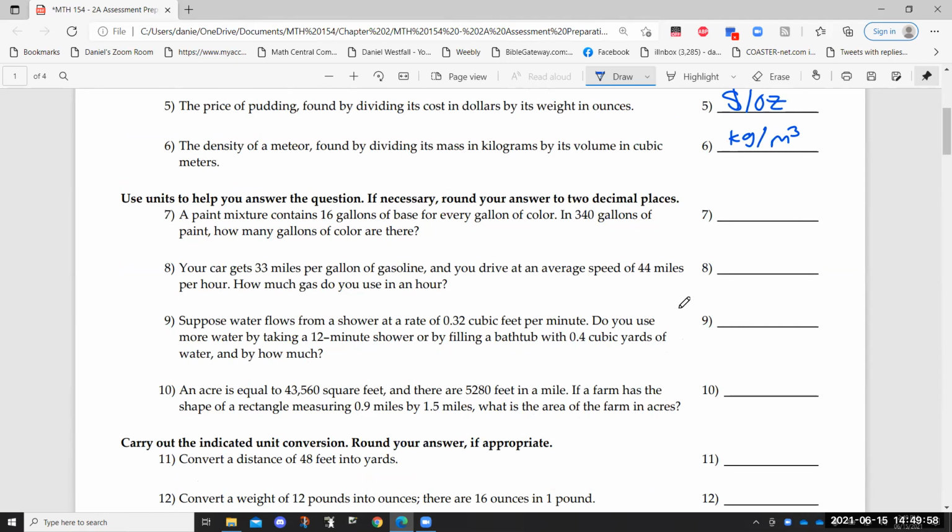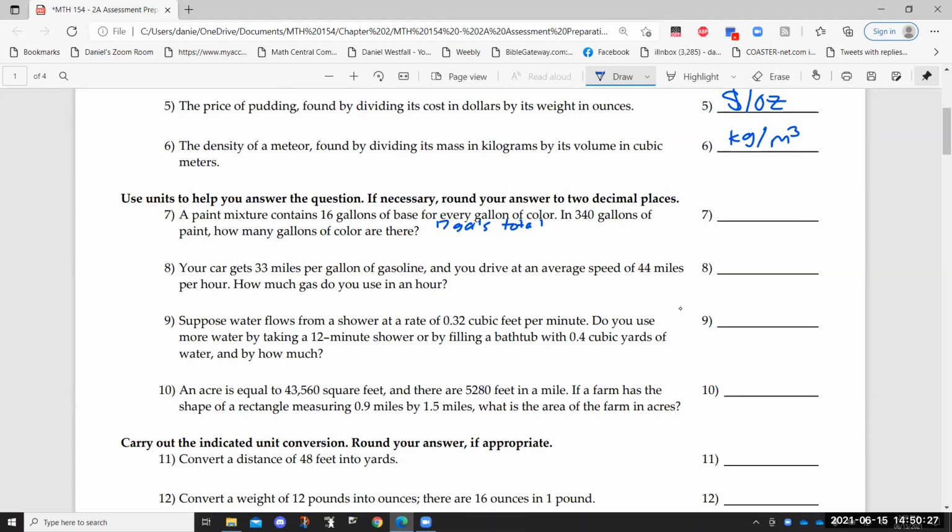Paint mixture contains 16 gallons of base paint for every gallon of color. So that means that there's 17 gallons total. 16 gallons of base, 1 gallon of color, 17 gallons total. And 340 gallons of paint. How many gallons of color are there?